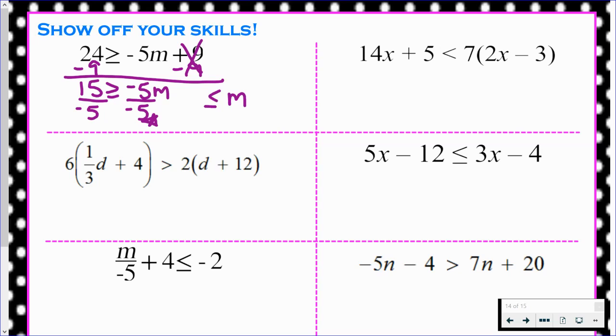Do not flip around your variable yet. 15 divided by negative 5 would be negative 3. Now I would say reverse the entire thing and put your m first. Remember to look here, see how the opening is to the m. So I'm going to put the opening to the m and negative 3.